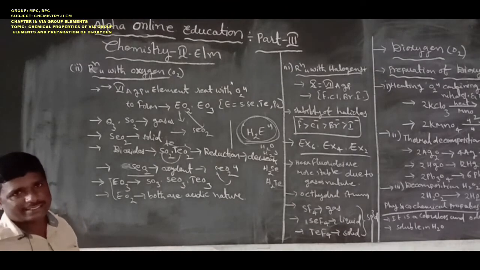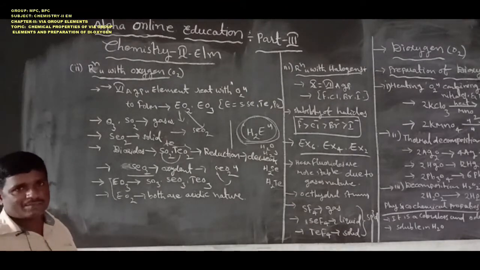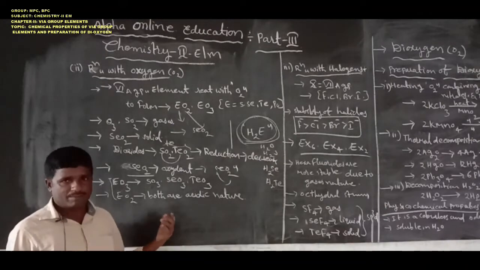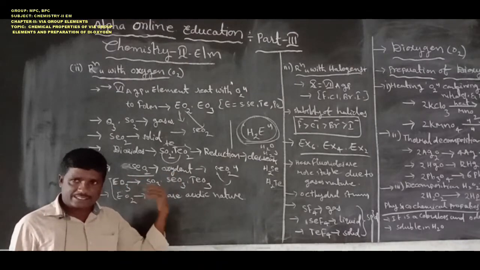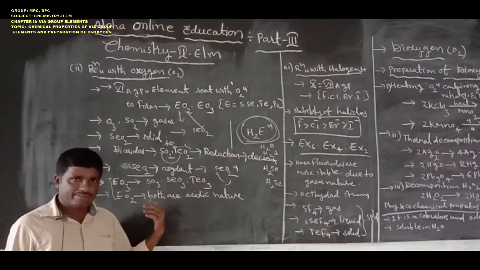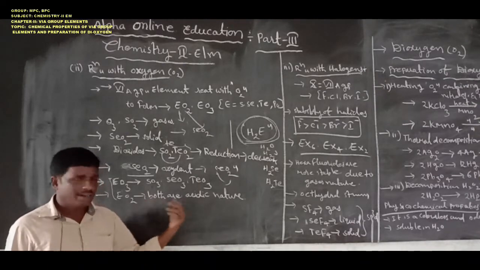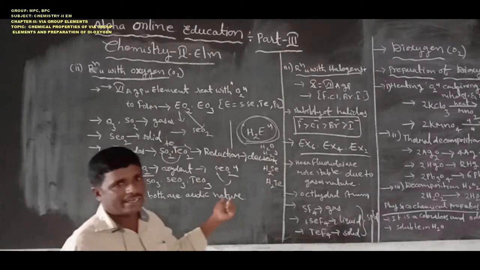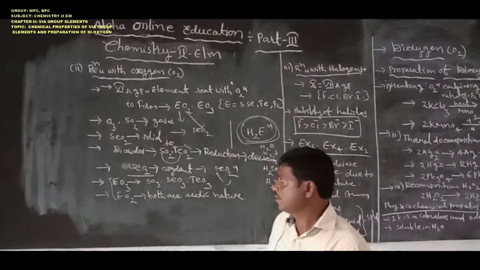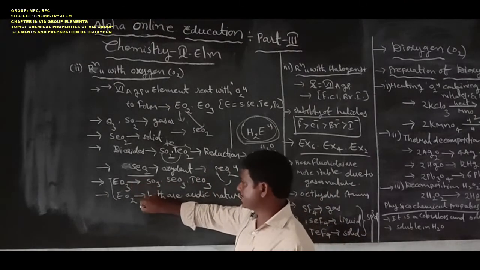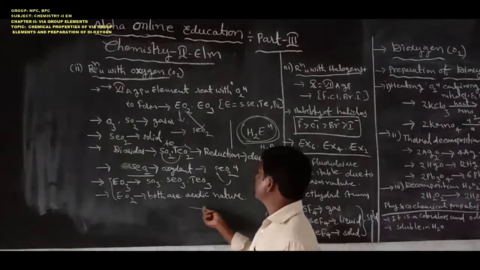Here there is metallic and non-metallic nature: in the group, oxygen and sulfur are non-metals, selenium and tellurium are metalloids, and polonium is a metal. So both dioxides and trioxides have acidic nature.